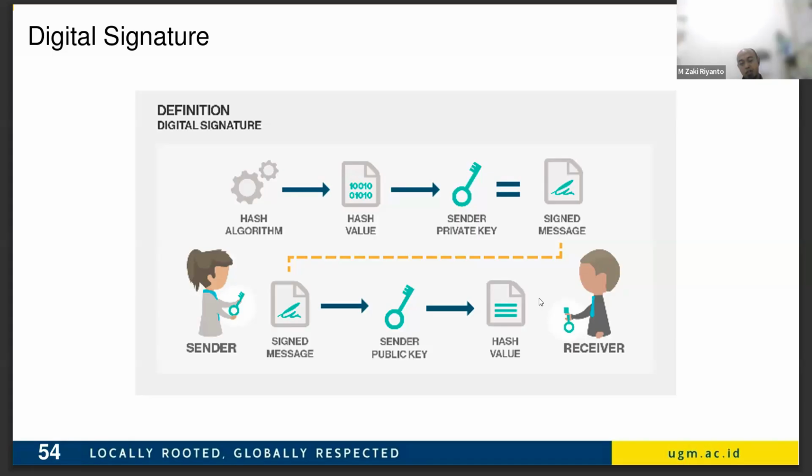So Bob here as a receiver can check that the message is from the sender, that is Alice.